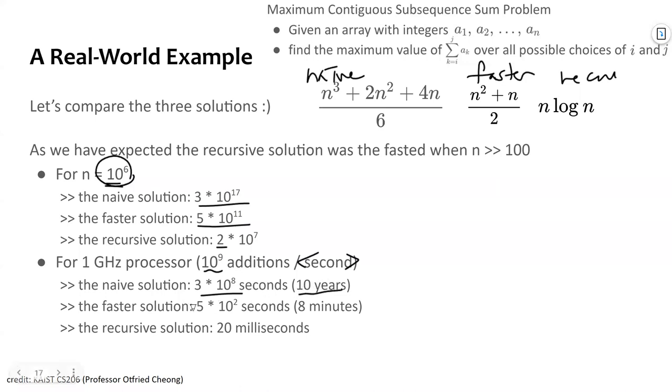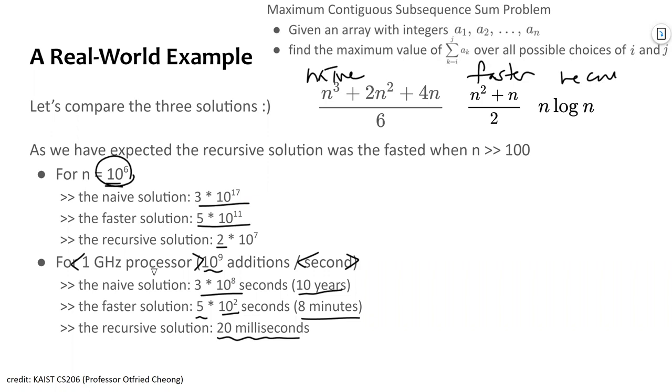And the fast solution requires 5 times 10 to the power of 2 seconds, which is the same as 8 minutes. And the recursive solution takes only 20 milliseconds using the same 1 gigahertz processor. So this demonstrates that efficient algorithms really save computation.